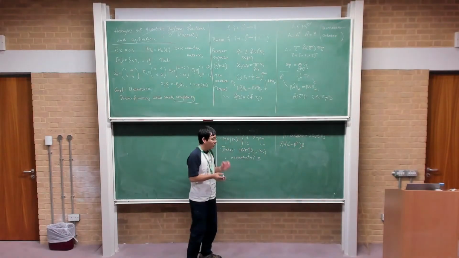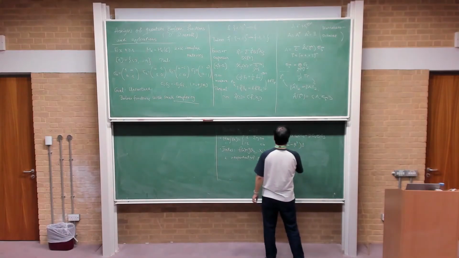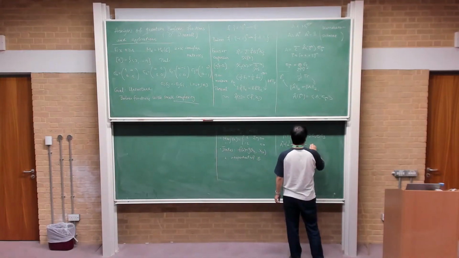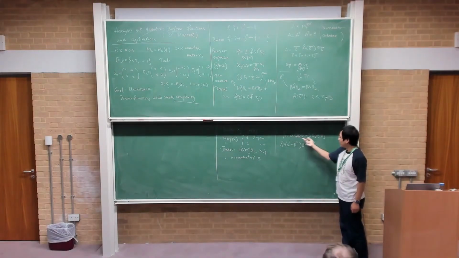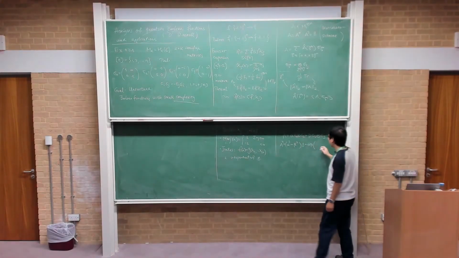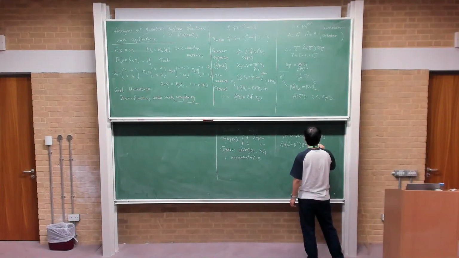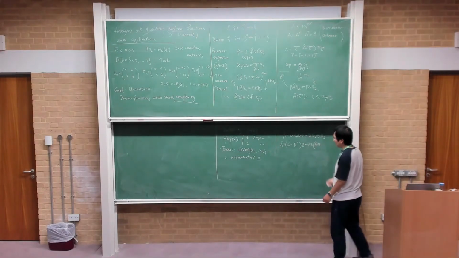Then you have two cross terms, plus alpha beta. When you compute, you have two terms. Firstly, the first one multiplied by the second tensor product. Sigma naught is just identity. So here you have sigma 2 tensor sigma 1, sigma 3.